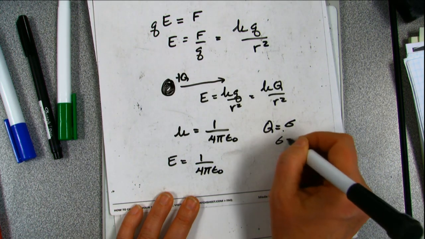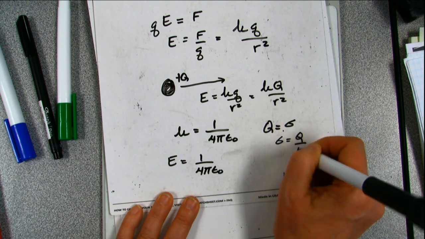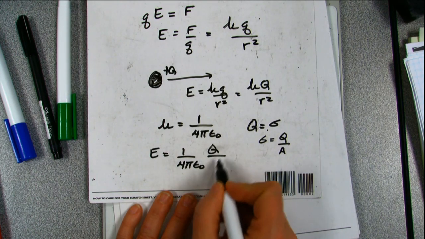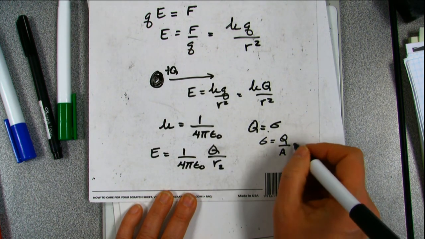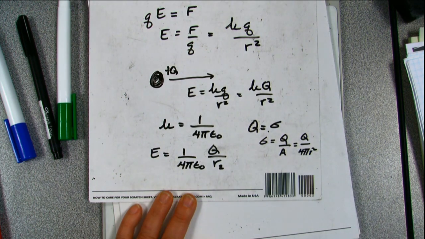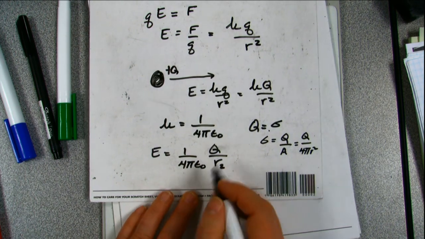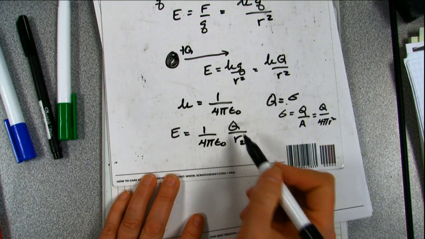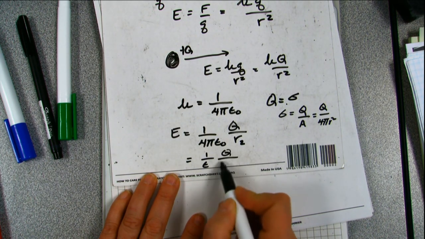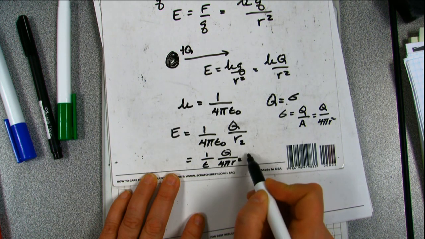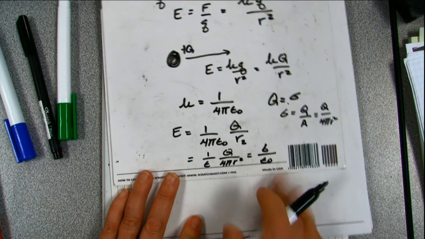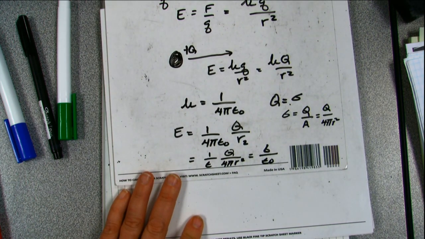Sigma is equal to Q over A, and A is equal to 4 pi R squared. So I substitute in here: 1 over epsilon times Q over 4 pi R squared equals sigma divided by epsilon for my charge density. That gives us Gauss's law.